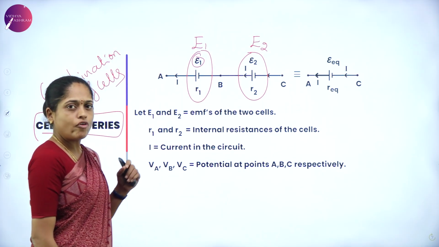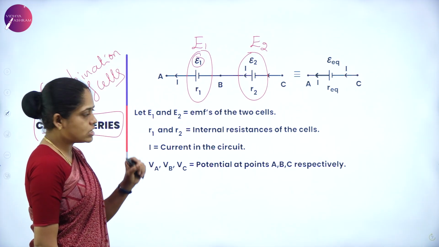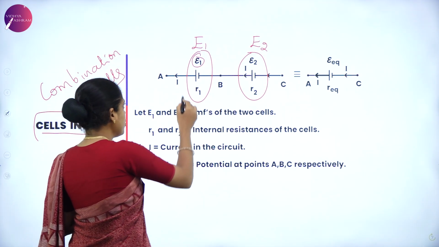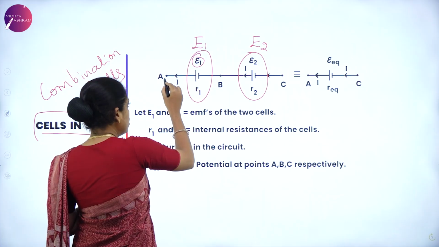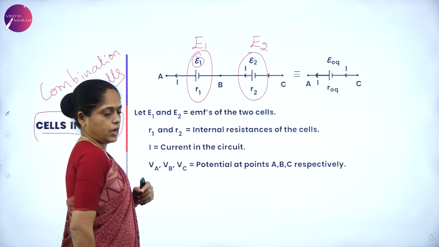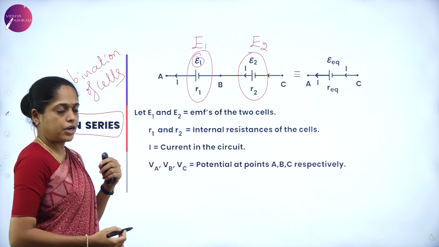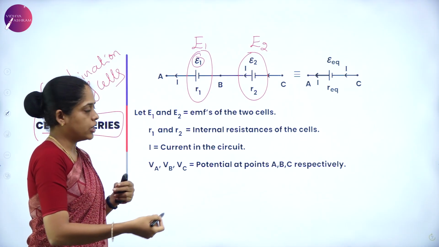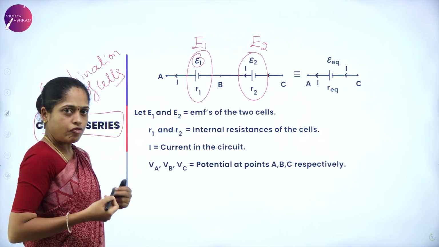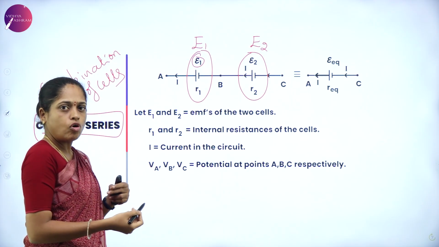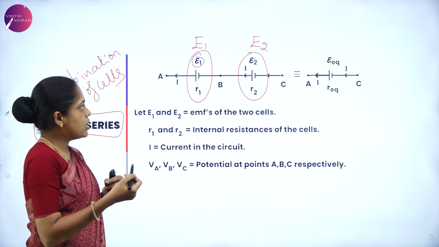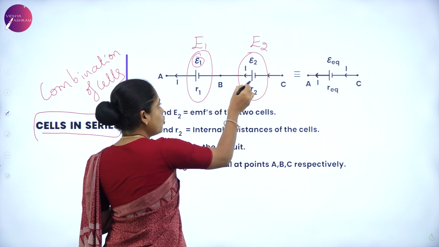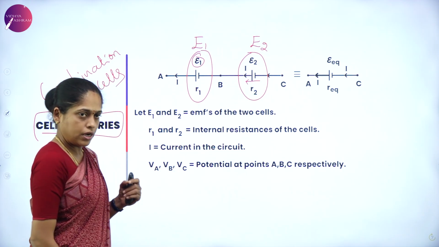The direction of current flow through these cells is from positive terminal to negative terminal. Inside the battery, you know that charge is pulled from negative to positive. Therefore, the direction of current flow inside the cell is from negative terminal to positive terminal.